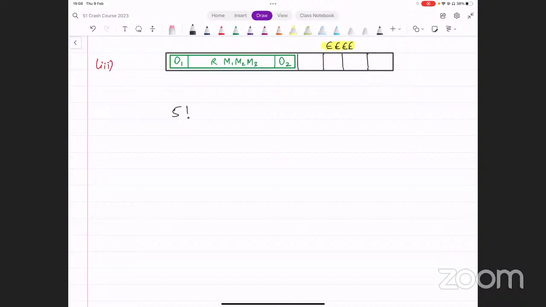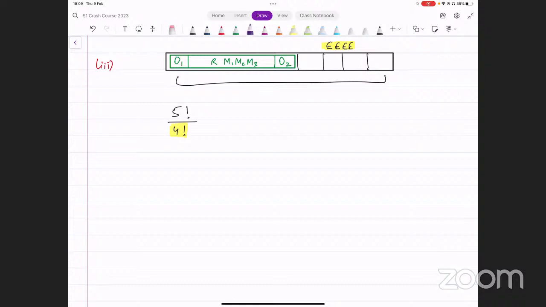So we are arranging these 5 boxes: one big box, and the remaining 4 boxes that have E's in them. The total ways of arranging those 5 boxes is 5 factorial, but out of those 5 boxes, 4 are identical. So we have to divide by 4 factorial to account for those 4 E's. This is the number of ways in which we can arrange those 5 outer boxes.